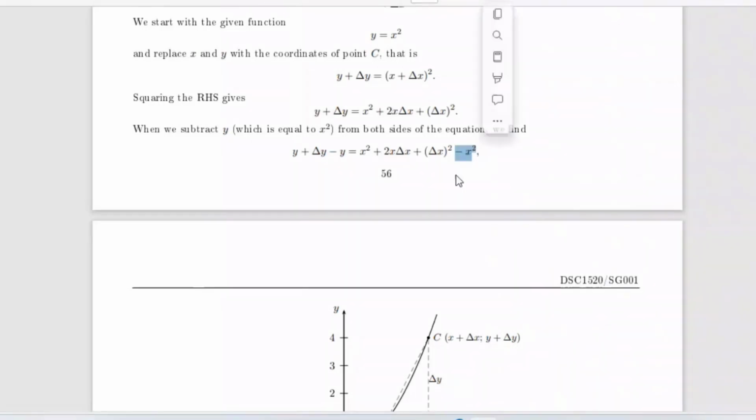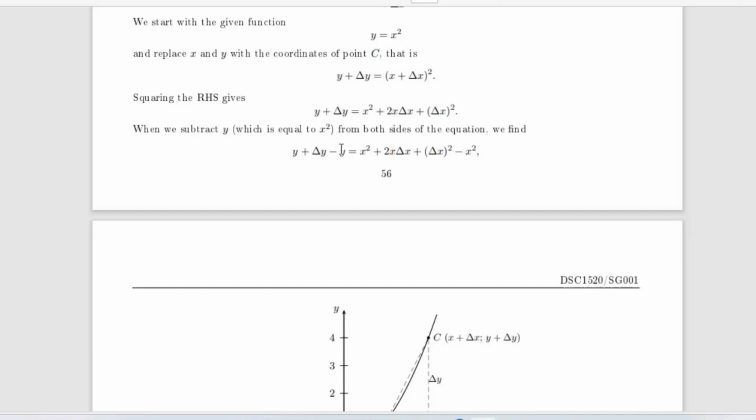I think it's coming from the initial statement where it's saying y is equal to x squared. So if we subtract y at the end on the left-hand side, then on the right-hand side it is going to equal minus x squared, since y is equal to x squared.